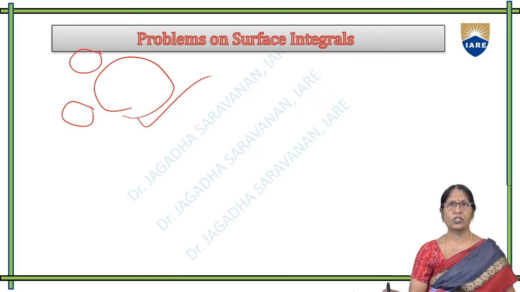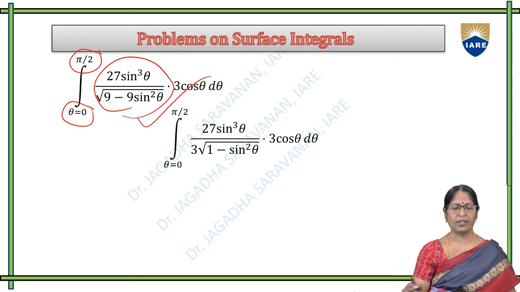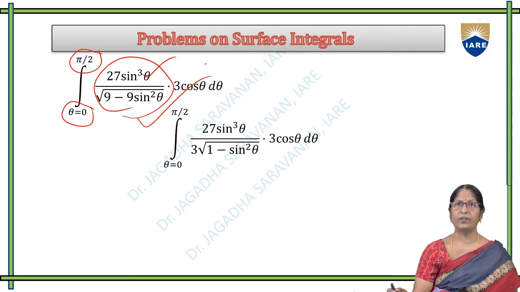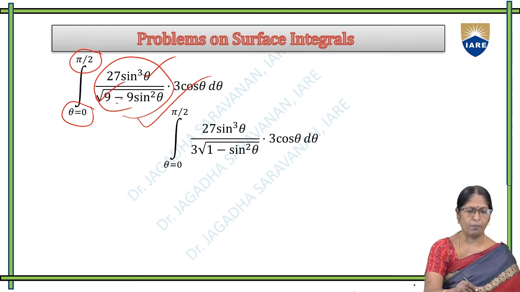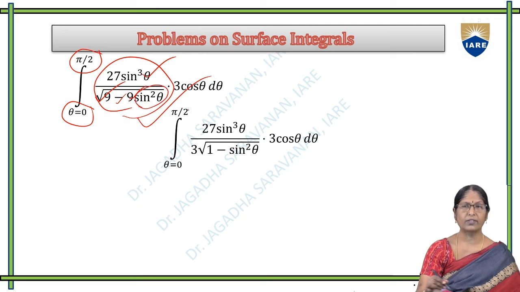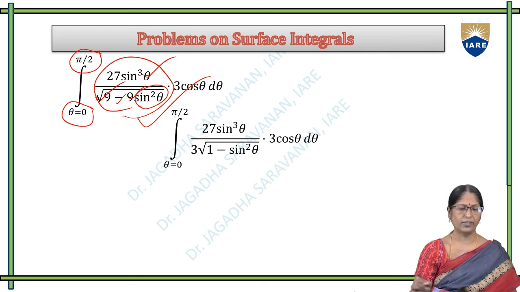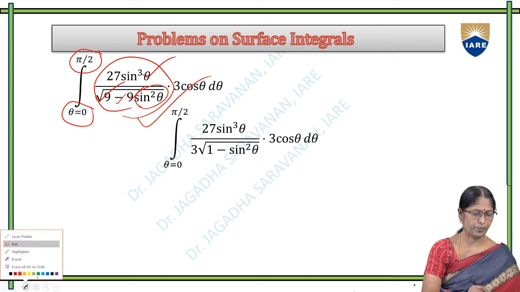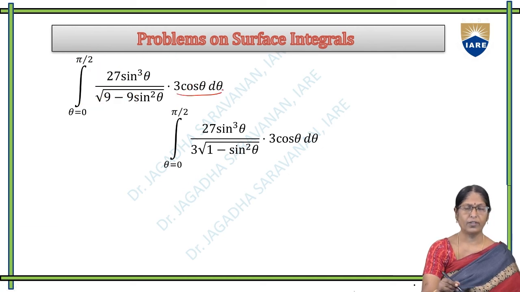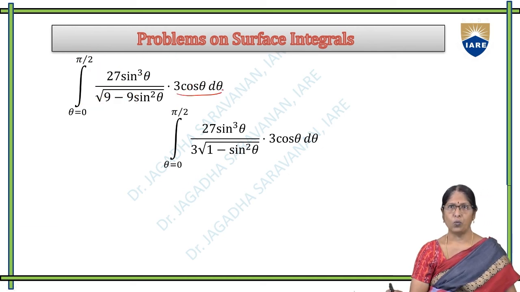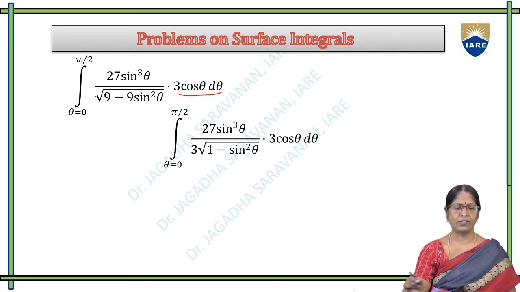With this simplification, 9 minus 9 sine square, that is 9 sine square theta. This is dy: y equal to r sine theta, so dy is 3 cos theta d theta.